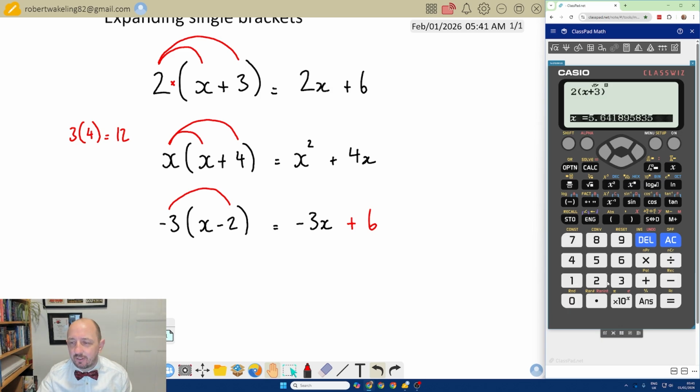I'm going to go for 10 in this case because the numbers are quite small. And what the calculator is doing when you press equals is it's replacing x with a 10. So 10 plus 3 in brackets is 13, and times by 2 in front. 13 times 2 is 26.